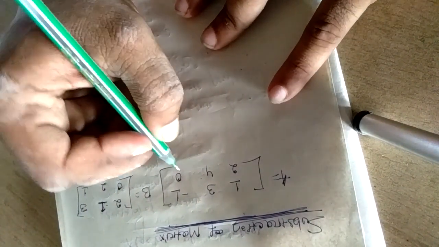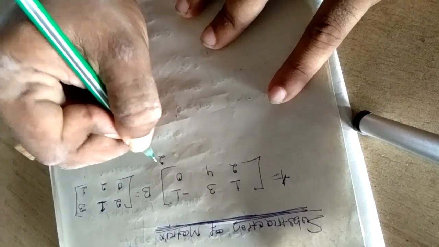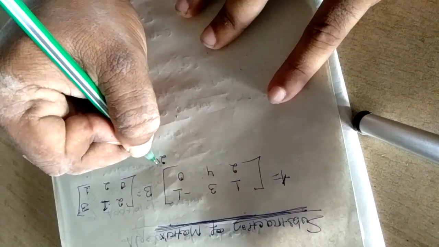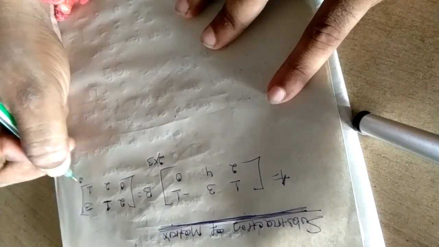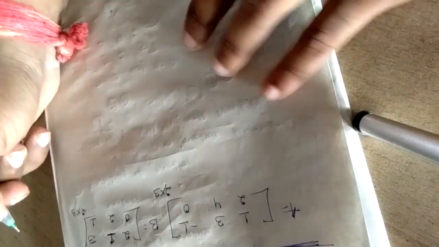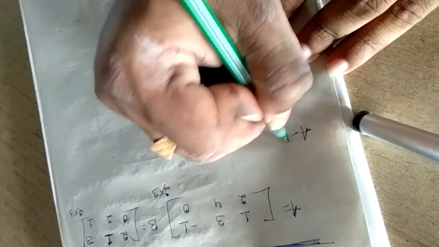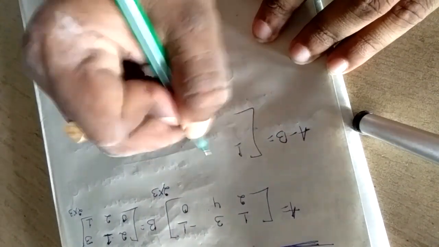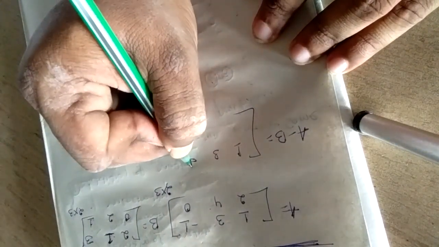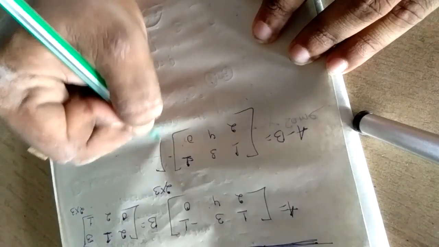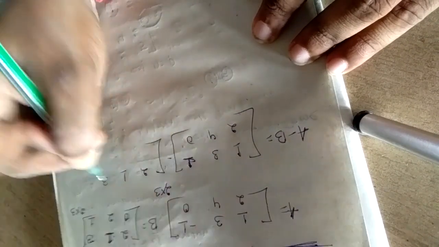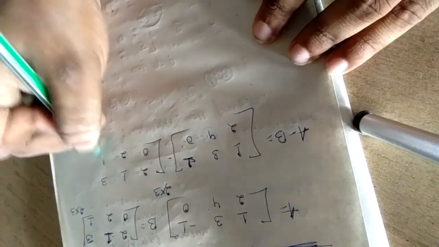A matrix has the order 2 by 3, also B matrix will be 2 by 3. So A minus B will be 1 3 minus 1, 2 4 0 minus 2 1 3, 0 2 1.